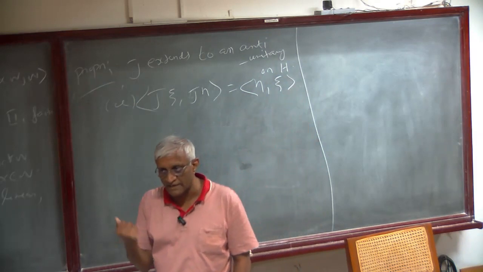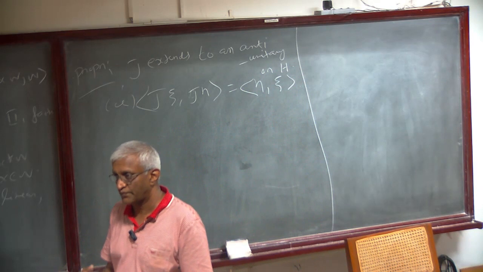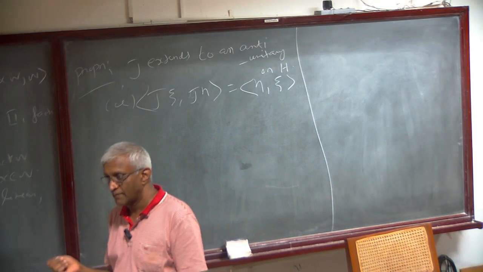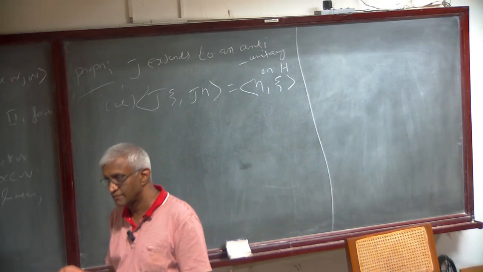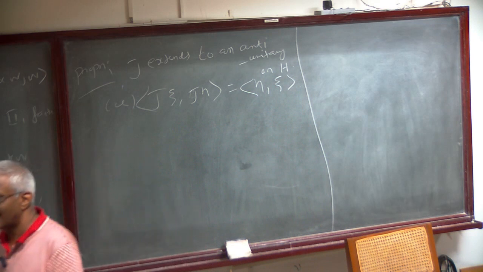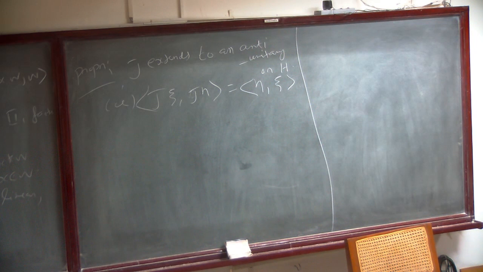Do you know an example of an anti-unitary? You recall? Huh? It's going to H star. No, on a Hilbert space. Unitary we define on a Hilbert space, no? Which is almost like identity here.